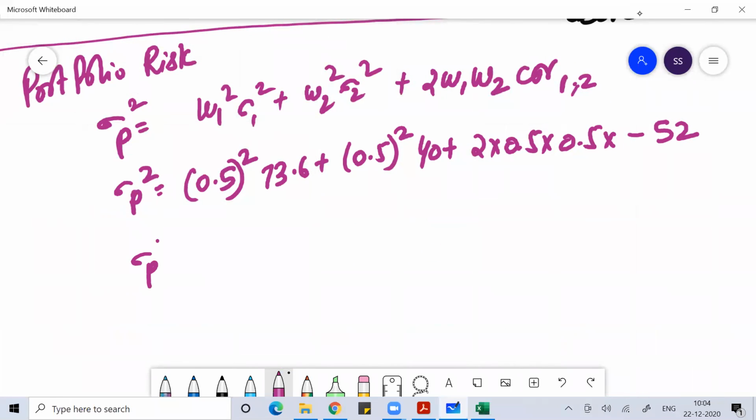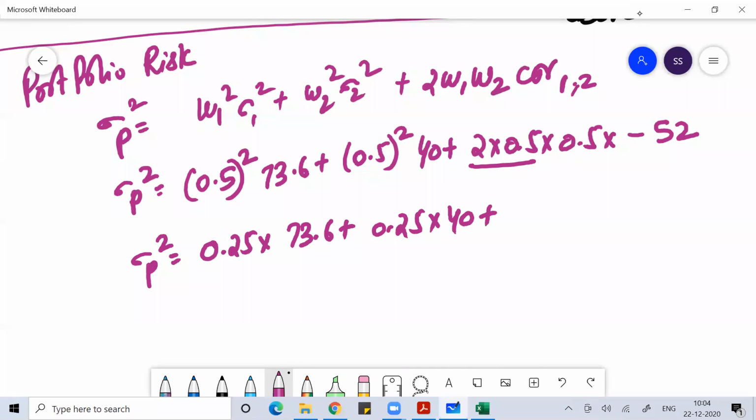So this is 0.25 into 73.6 plus 0.25 into 40 plus 2 into 0.5 into 0.5, which I can write as 1 by 2, into minus 52.